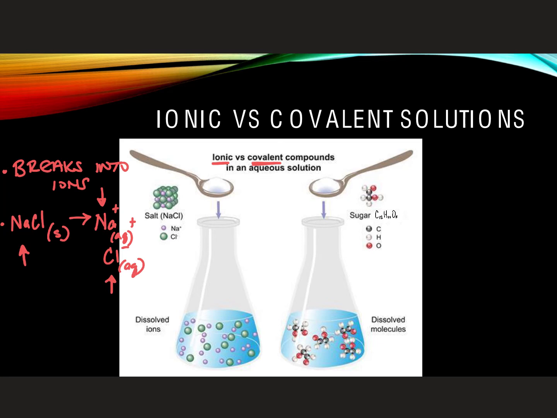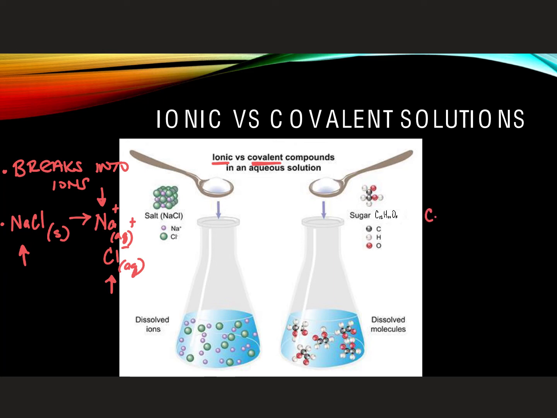Sugar is a covalent molecule. It has the formula C12H22O11. When you put a covalent molecule into water or any other solvent, if it dissolves, it will not break apart. So one particle of sugar will remain one particle of sugar once dissolved.